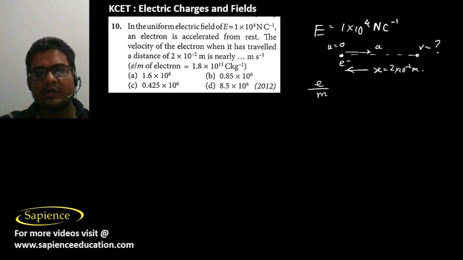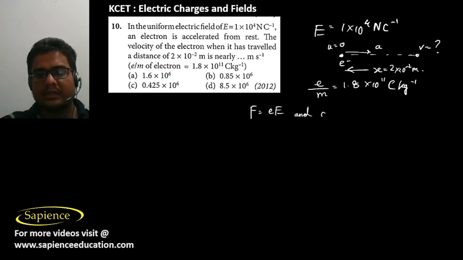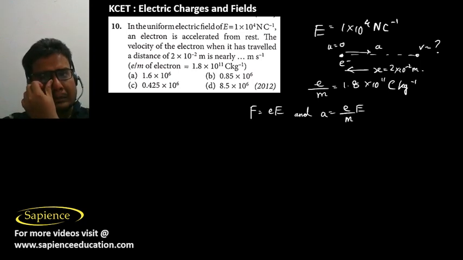The e by m of the electron is given, the charge to mass ratio, 1.8 into 10 power 11 coulomb per kg. So everything is given in SI units. The force is a constant force, that is qE, that is eE, and so the acceleration will be eE by m, which will be constant.